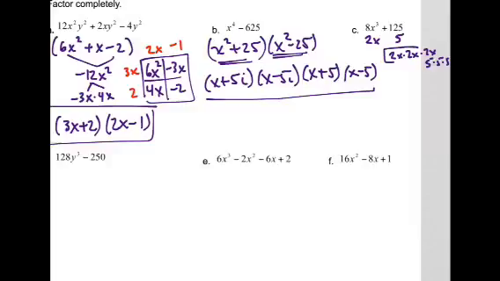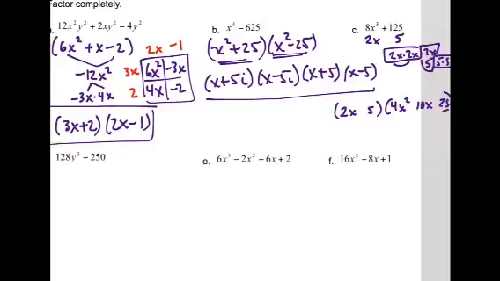Then you pair them up. So these two, and then these two. Okay, so we're going to write 2x, 5, that's the binomial, and then 2x times 2x is 4x squared. 2x times 5 is 10x. 5 times 5 is 25.